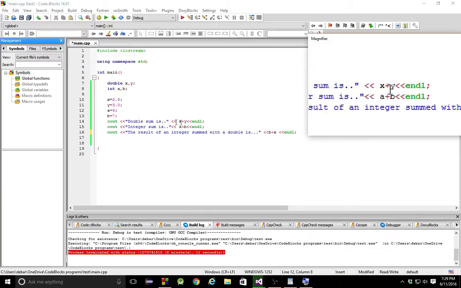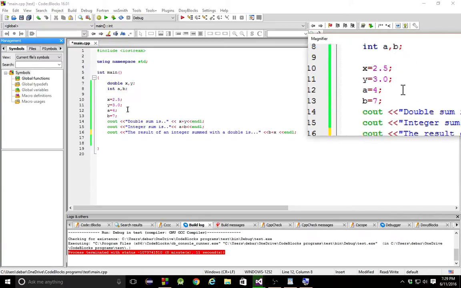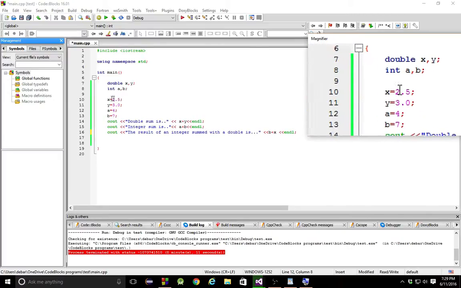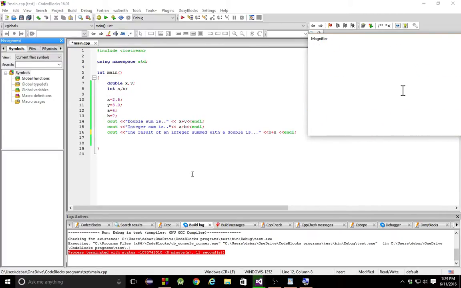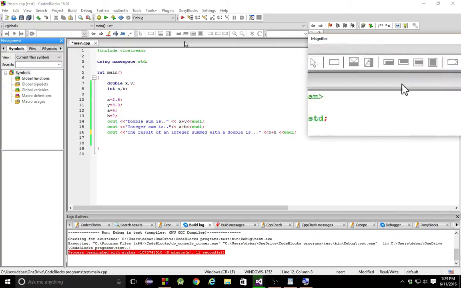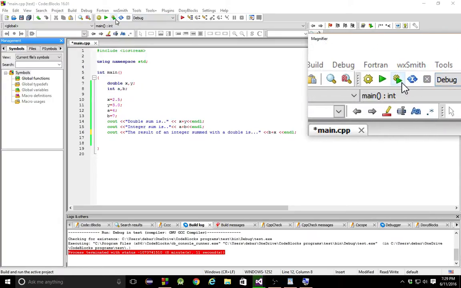So I took the integer value b and summed it up with the double value x, and then I just experimented and saw what would happen. Okay, so let's take a look at what happens. And by the way, C++ is a little different. There are some exceptions to C++ that don't occur in other languages.